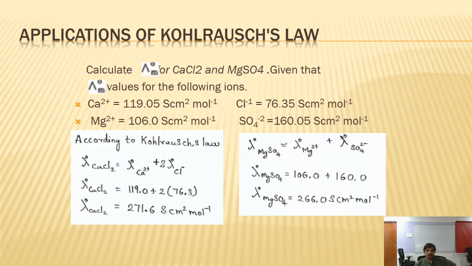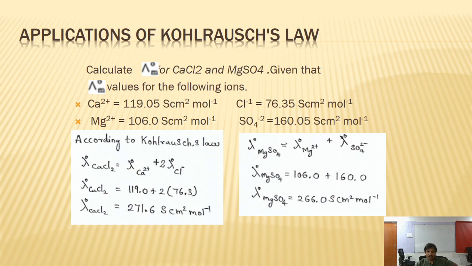The next application of Kohlrausch law: here we have a problem. Calculate the lambda naught for calcium chloride and MgSO4, given the lambda naught values for the following ions: calcium ion, Mg2 plus ion, Cl minus ion, and sulfate ion.